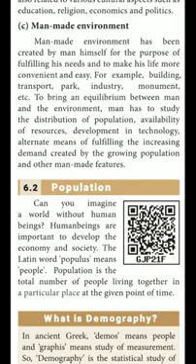Population is the total number of people living together in a particular place at a given point of time. Define population. What do you know about population? Population is the total number of people living together in a particular place at a given point of time. It's called as population.